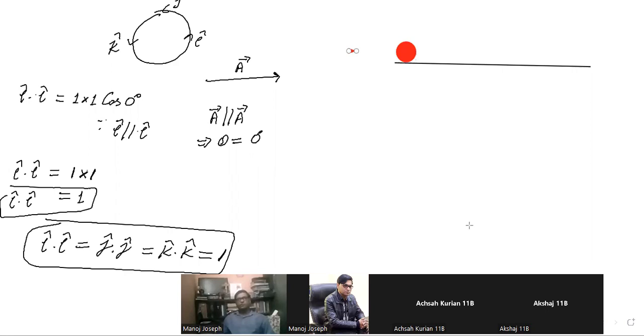So it is also known as a polar vector, because whenever a vector has a point of application, it is called a polar vector. So there may be a question in your exam, what is a polar vector? Any vector having a point of application is known as a polar vector. So suppose that a force is acting on this ball, and the force is represented in vector way because it's a polar vector.